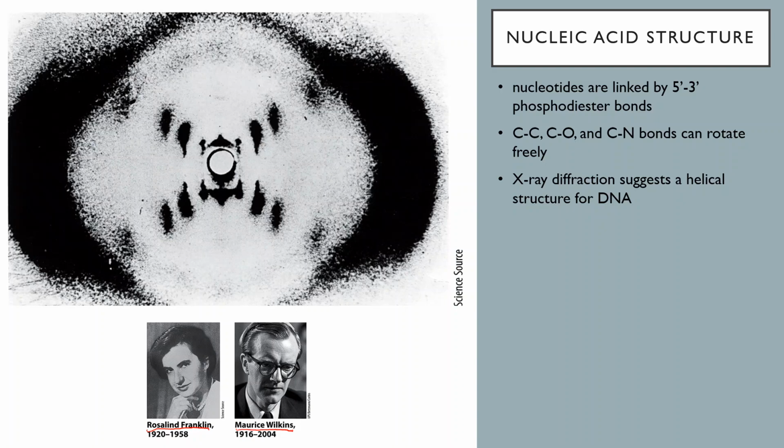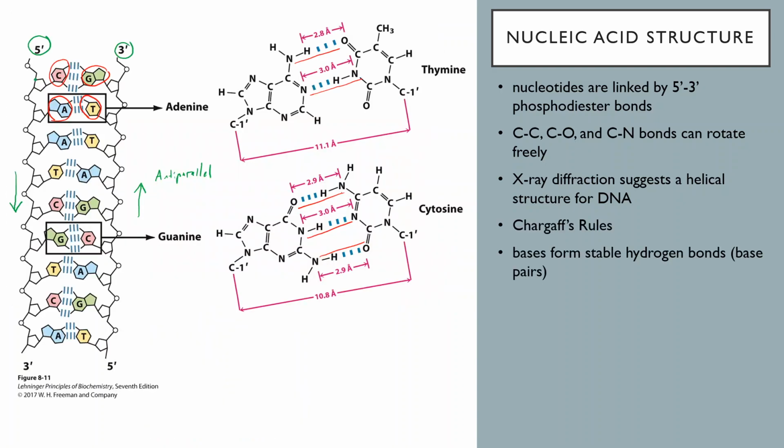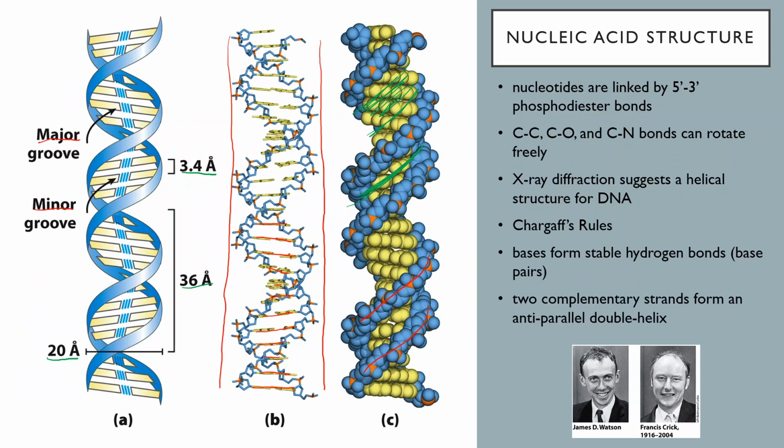Again, the controversy that still rages today is whether or not Rosalind Franklin would have gotten the Nobel Prize if she had lived. But again, she is the one that did the work that established that there must be a helical structure. In fact, Watson and Crick themselves didn't really do any experimental work at all. They did all of their work just with molecular models.